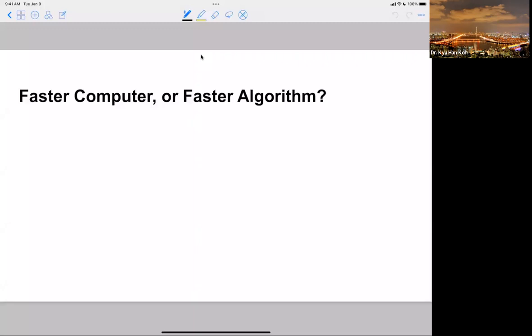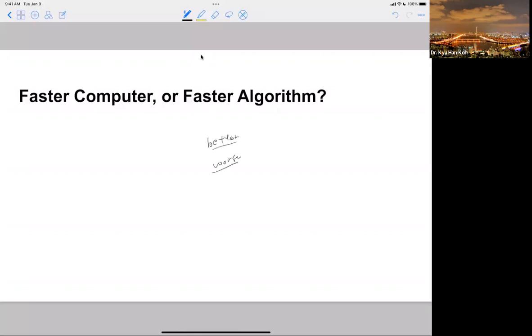So I say to my students, in most cases you will not experience the difference between a better algorithm and a worse algorithm.